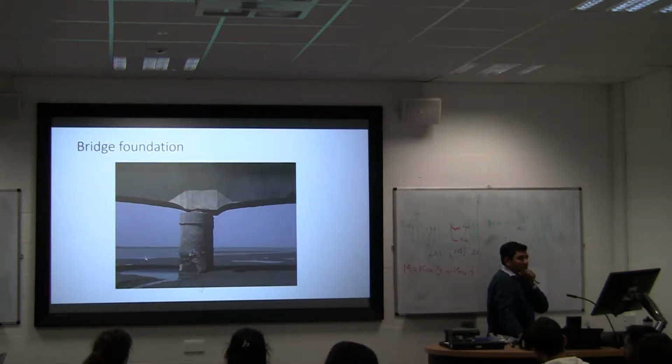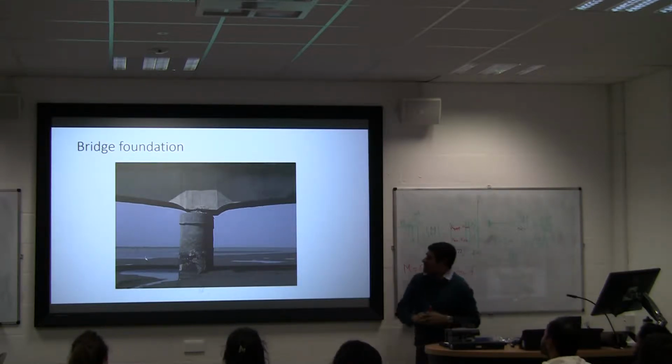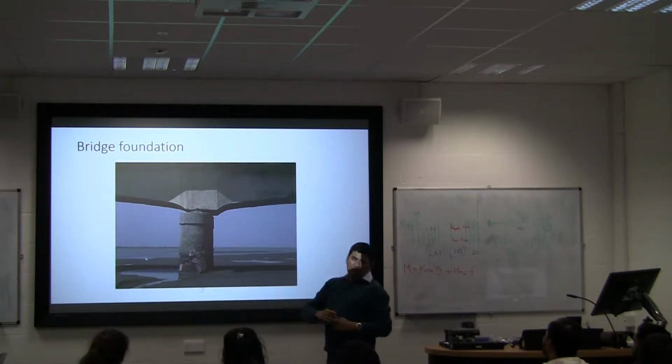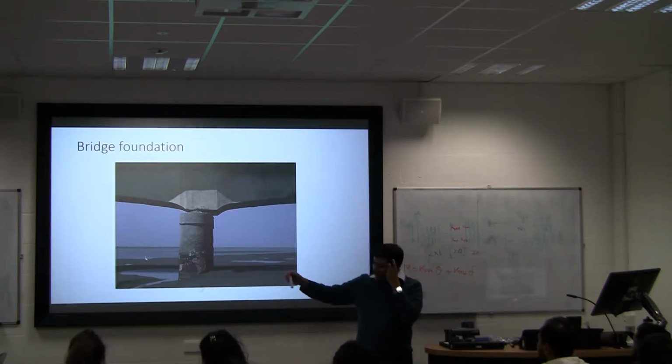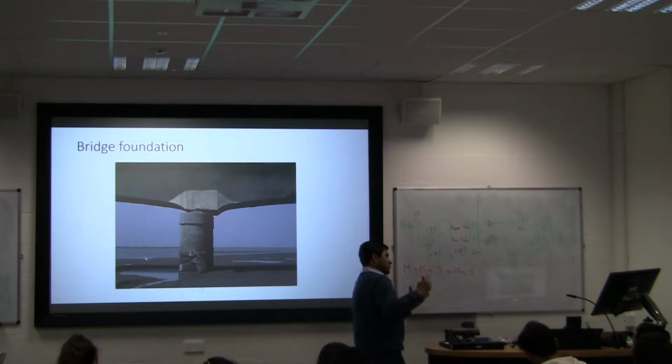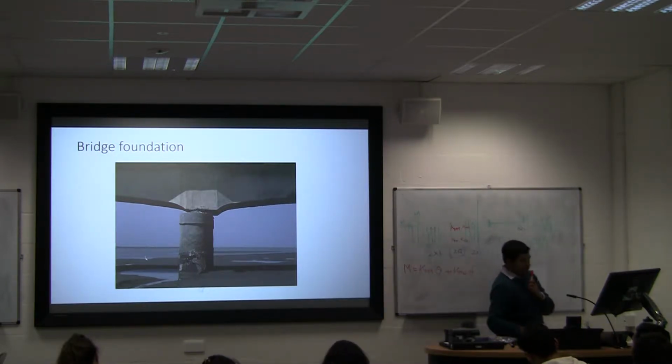Okay, so some of the examples. You can see again, in this case the bridge tilted by around 5 degrees. So probably the foundation was not embedded to a deeper depth. The ground liquefied and it couldn't bear the load, so it tilted.